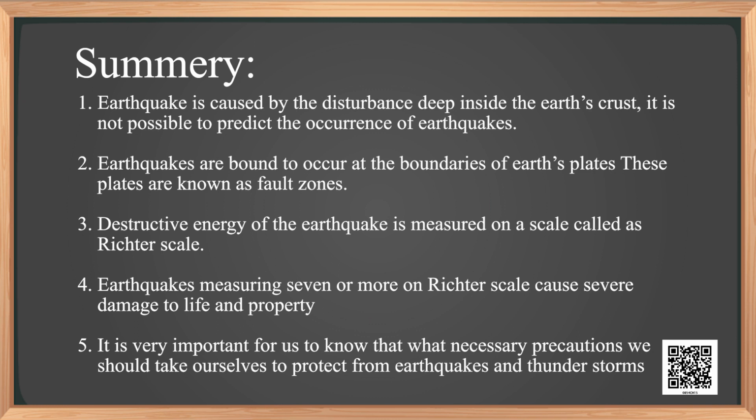These boundaries are known as fault zones. The destructive energy of an earthquake is measured on a scale called the Richter scale. Earthquakes measuring 7 or more on the Richter scale cause severe damage to life and property.